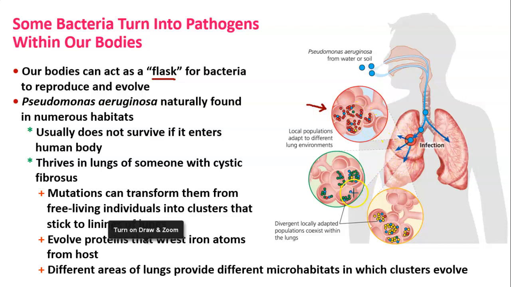And in different parts of the lung, down the left-hand corner of the figure, it's pointing out that divergent, locally adapted populations coexist in the lung. So due to the different conditions in different parts of the lung, different genetic variants of this bacterium can be evolving in there.